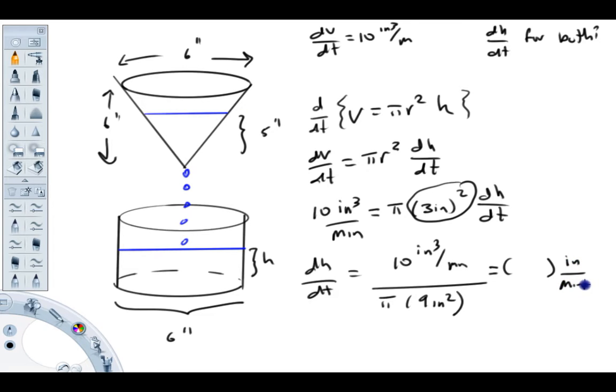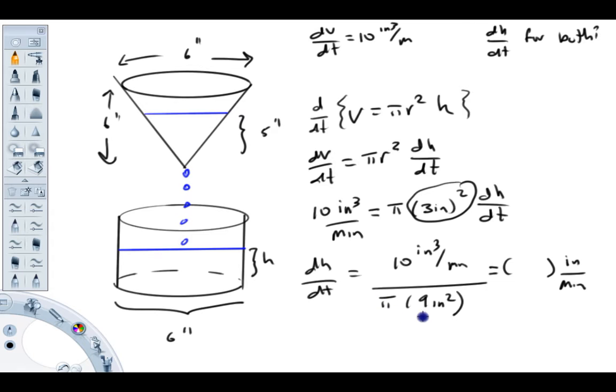I'm going to ask one of my helpers to grab a calculator and give me 10 over 9 pi. Should be right around 0.3, I'm thinking, as the bottom is right around 30, and 10 over 30 is around 0.3.